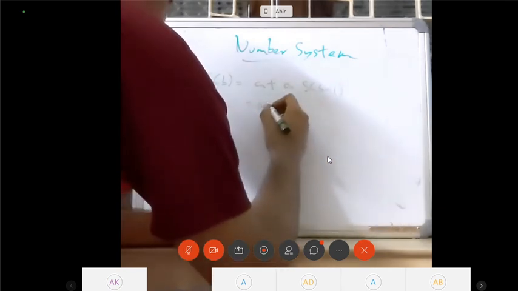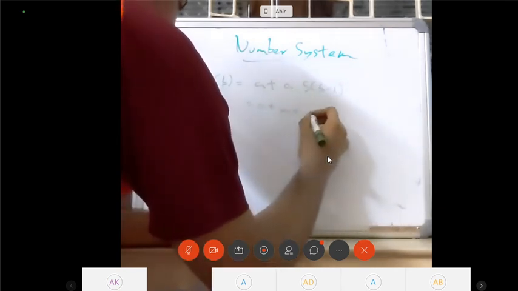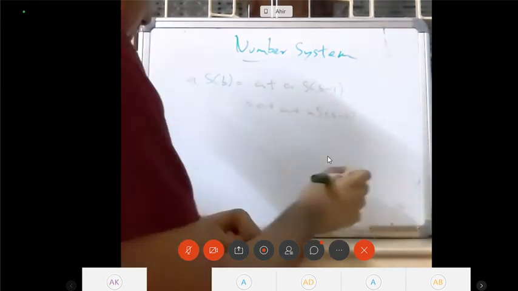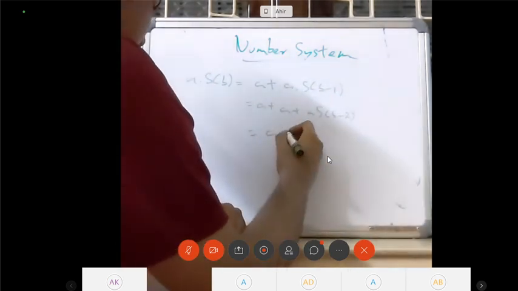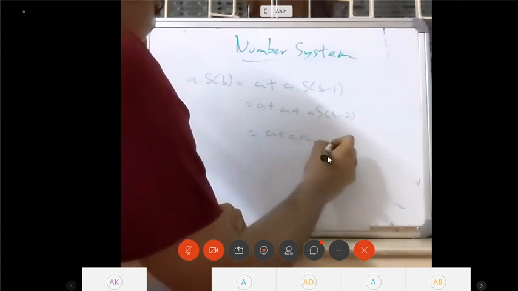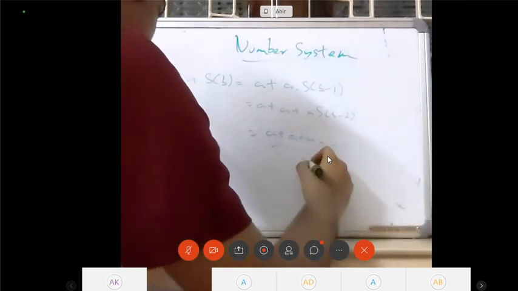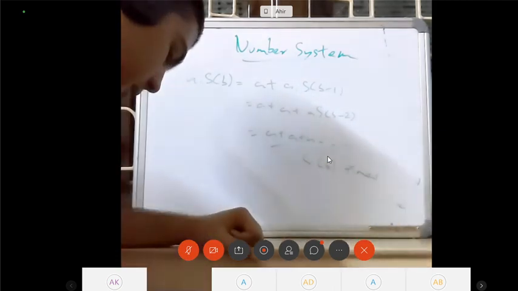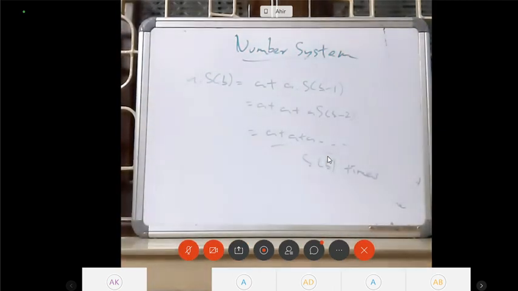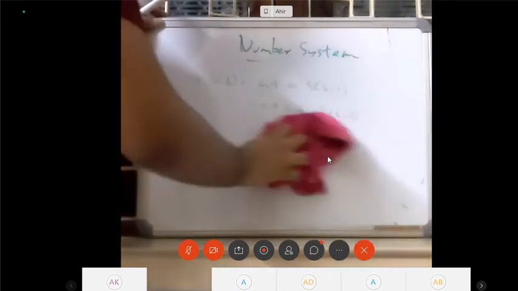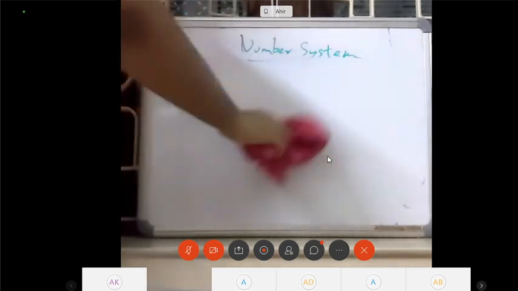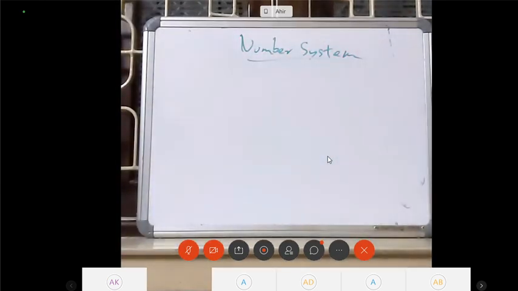So this is A plus A into S of B minus 2, and so on and so forth until you get A plus A dot dot dot S of B times. So these are both recursive in a way. So this is basically how you define a system.